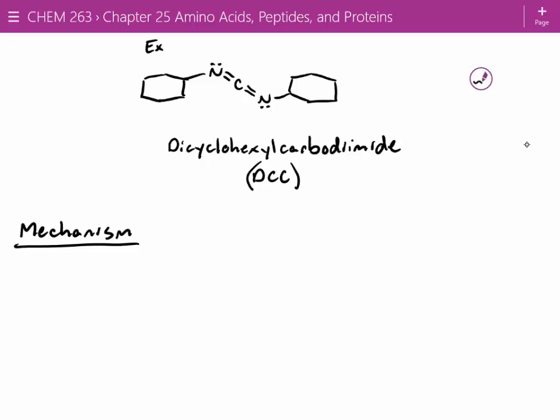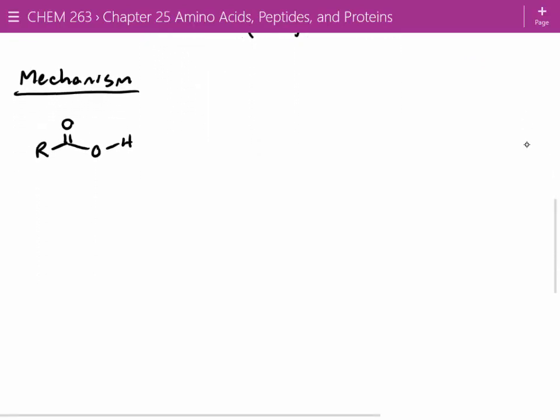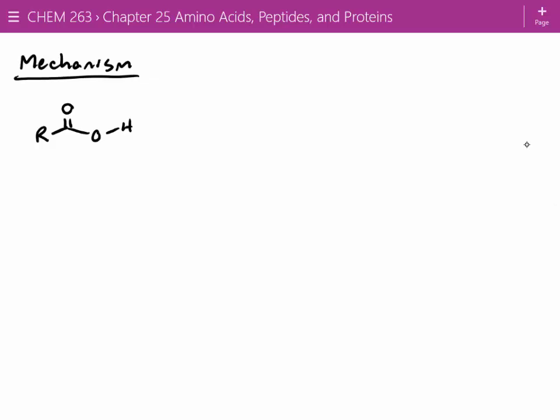All right, so if we've got a carboxylic acid, and I'm going to abbreviate the cyclohexane rings with CY, it can react with DCC. And we've got these nitrogens on there that are somewhat basic, so they can just grab that proton.